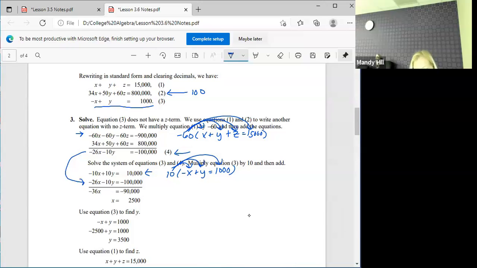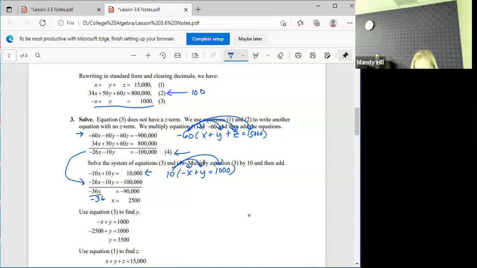This is equation number 4, right? So they've added these together. Negative 10 plus a negative 26 is negative 36. Our 10y, negative 10y canceled out. 10,000 plus a negative 100,000 is negative 90,000.